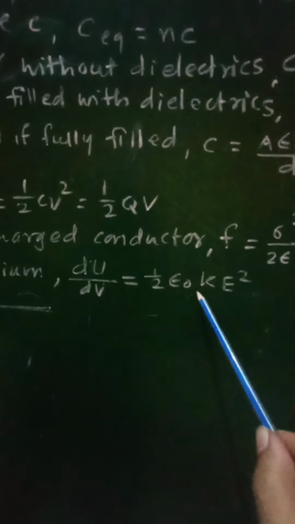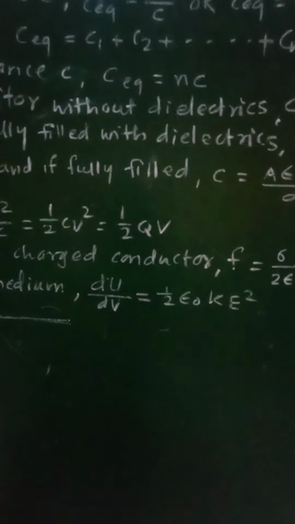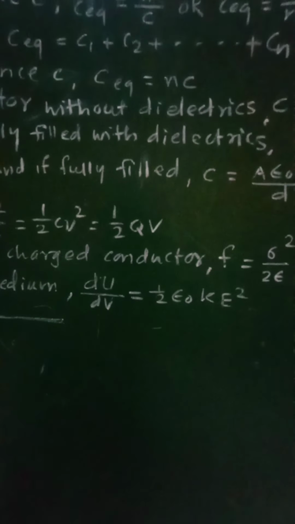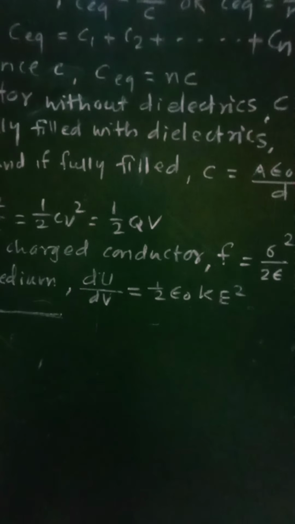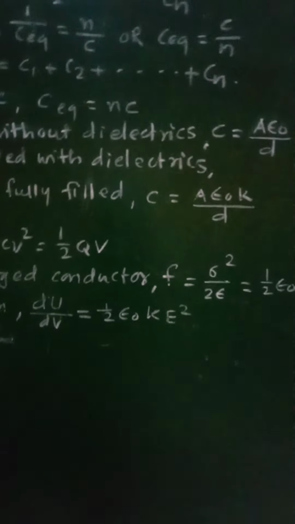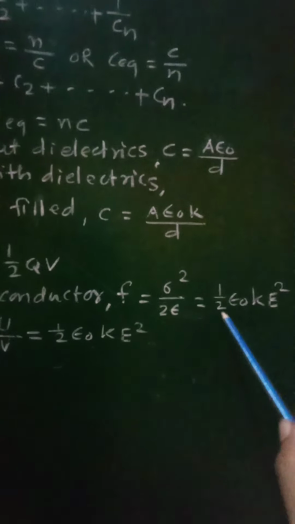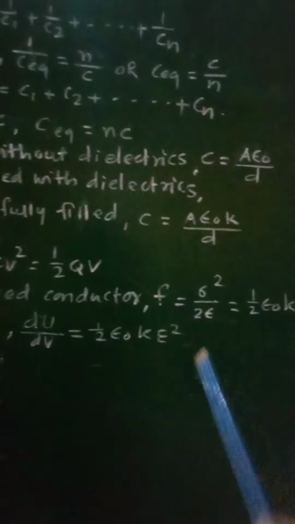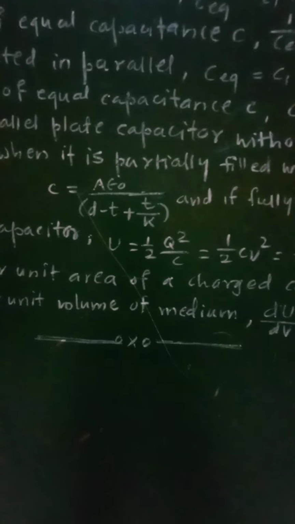So the mechanical force per unit area acting on the charged conductor and the potential energy per unit volume of the medium, that is energy density, are the same, that is half epsilon 0 K E square. So these are some of the formulae from this chapter, electrostatics.